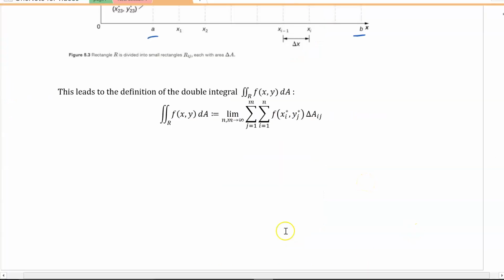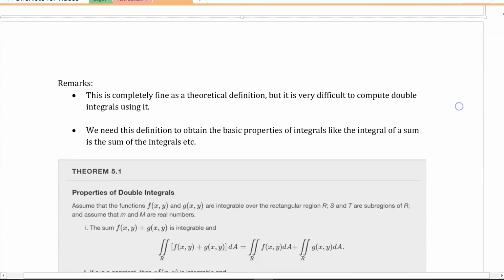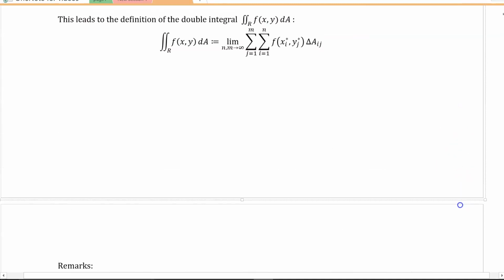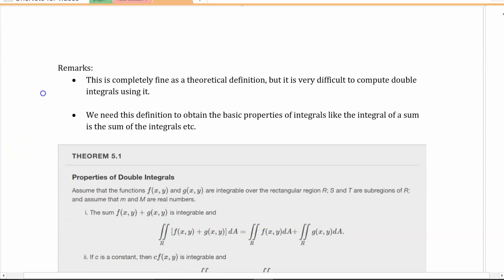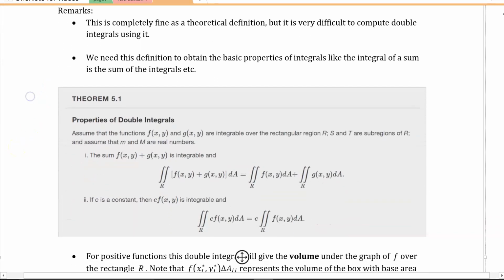Okay, going back over to the notes here. A couple of remarks now going forward. This definition up here, as we said a minute ago, is very difficult to work with. It's very difficult to compute double integrals with that, and we'll discuss how we're going to be doing that in just a moment. But we need this definition. It's an important one to still come up with the same properties of definite integrals that we're used to.